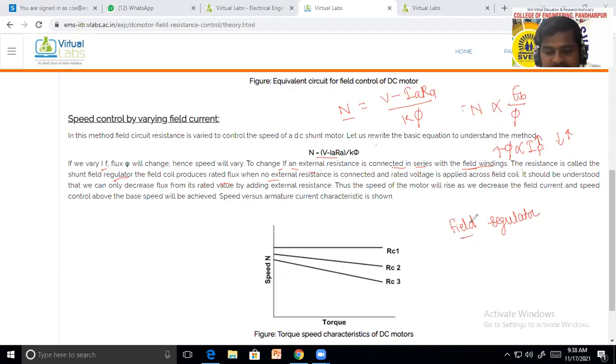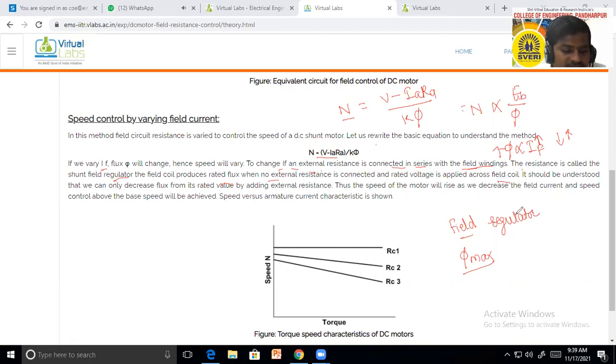So the field coil produces a rated flux when there is no external resistance. If there is no external resistance, then the shunt field winding will produce the rated value of flux, that is the maximum value of flux, or phi max. Okay, now no external resistance is connected, and a rated voltage is applied across the field coil.